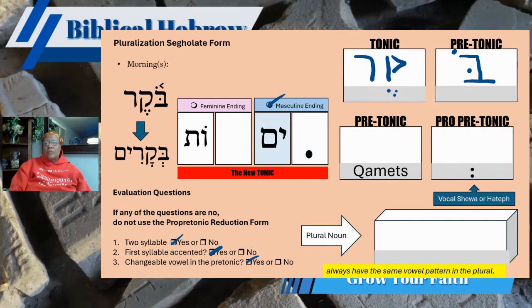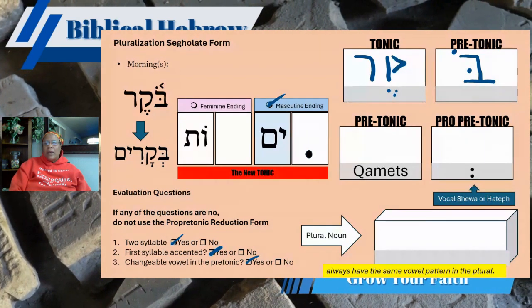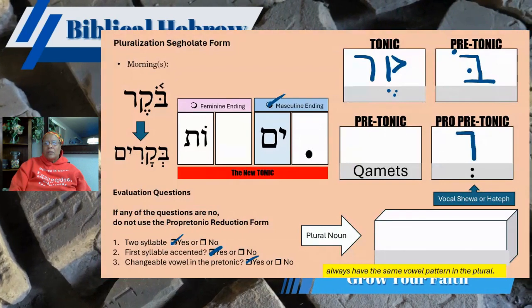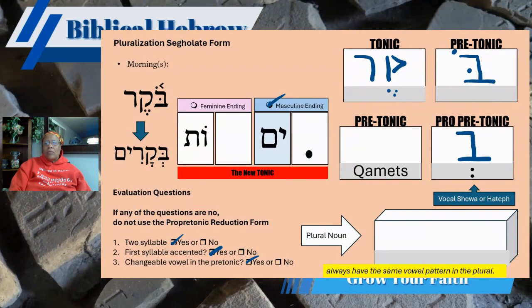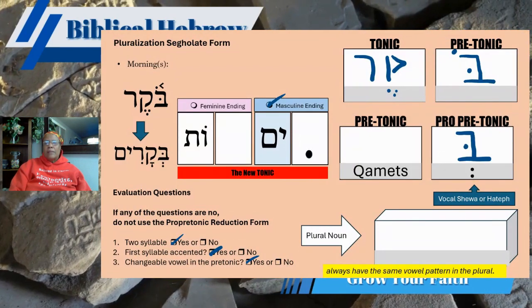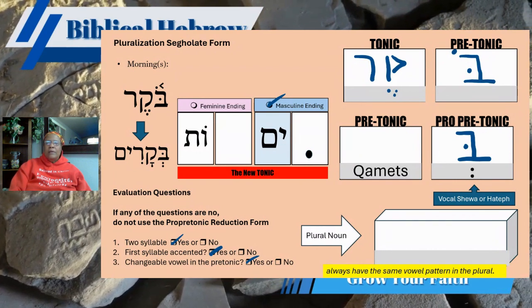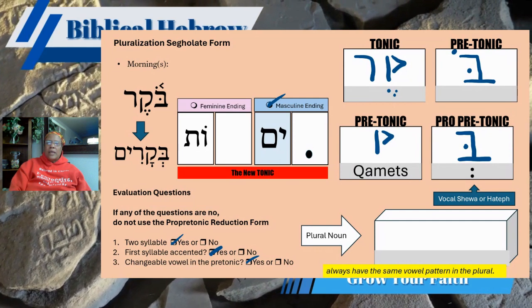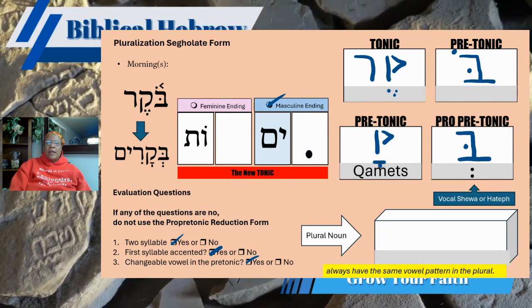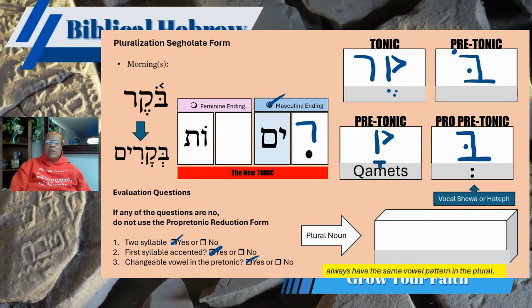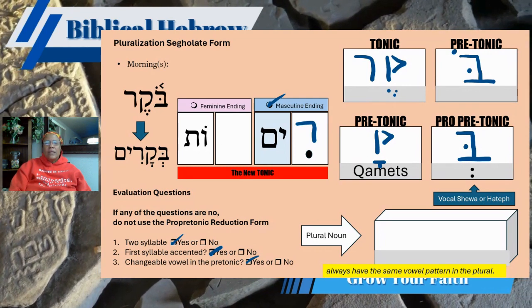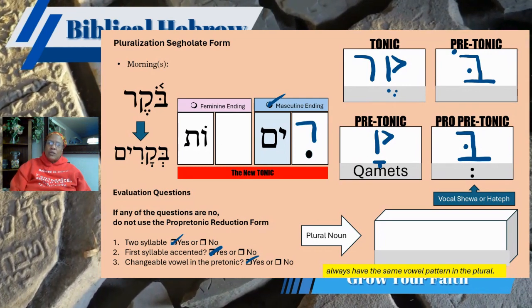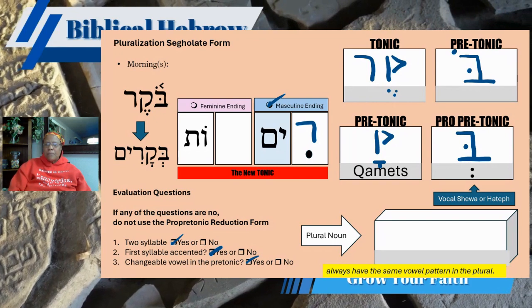And don't feel like you can't erase. That's why you have an eraser, right? So erase and start over if you need to. So I've got the bet with the schwa, followed by a kaf with a kametz, and a resh in the plural ending. That gives me a new tonic.